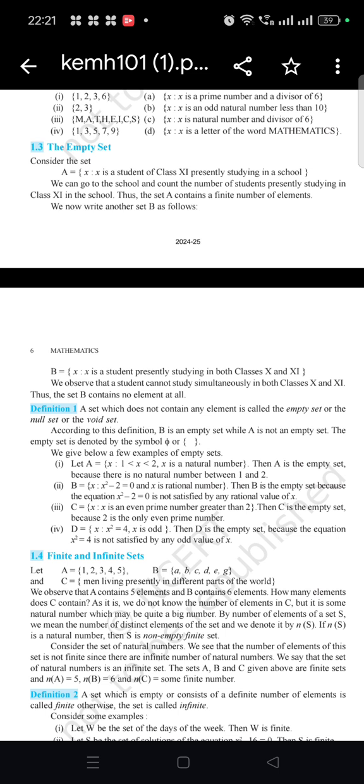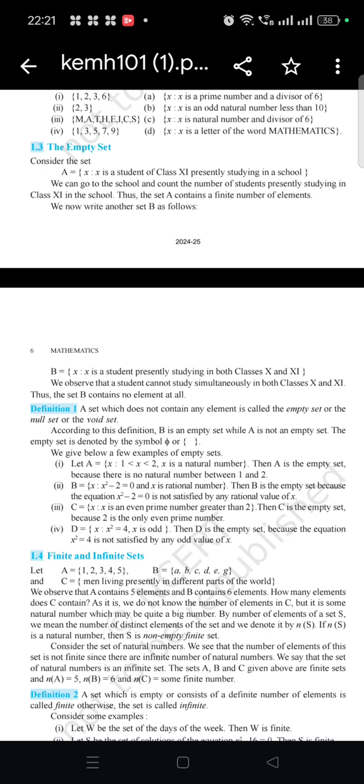Now observe that a student cannot study simultaneously in both classes 10 and 11. Thus, the set contains no element at all. That is empty. Understood?